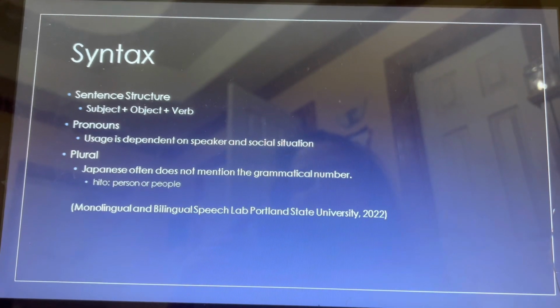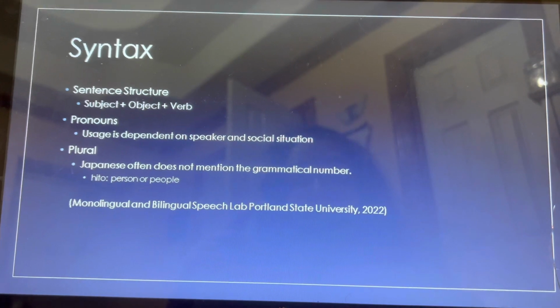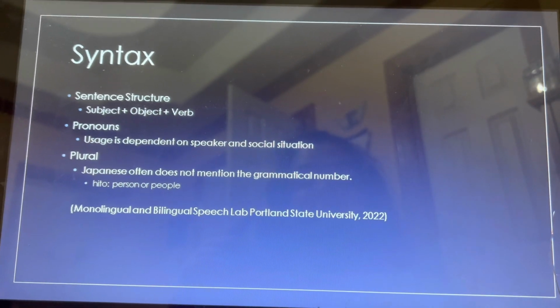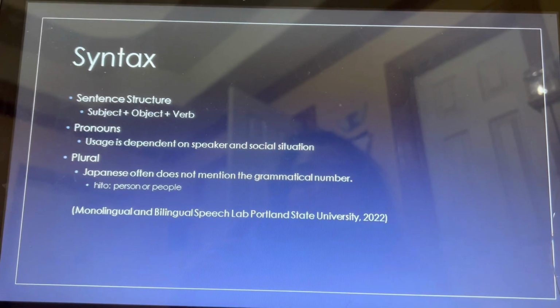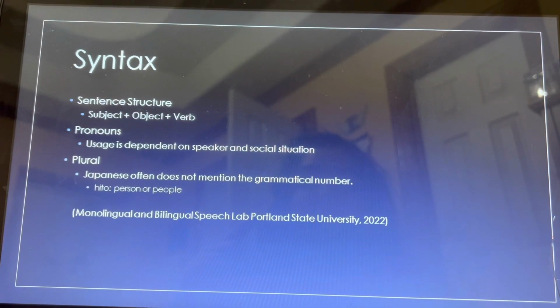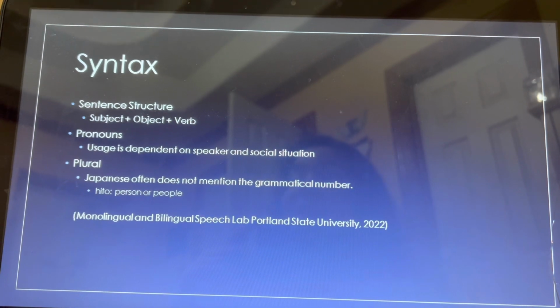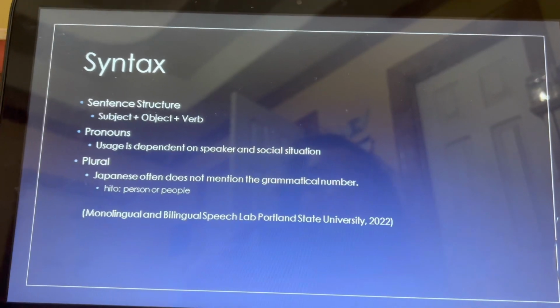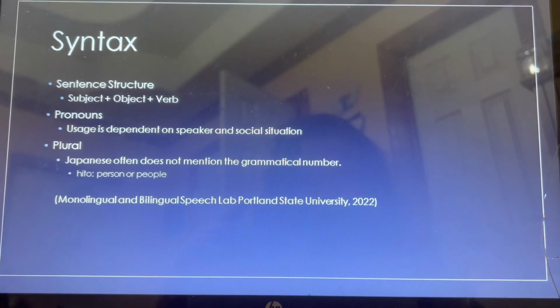So right there, I put a little example. Hito could be person, it could be people. It's going to, again, depend on the context of things. So that'll be another consideration to take into account, is teaching maybe to add S's to words, because maybe your patient isn't doing that when they're speaking English, because that's just what they're used to.